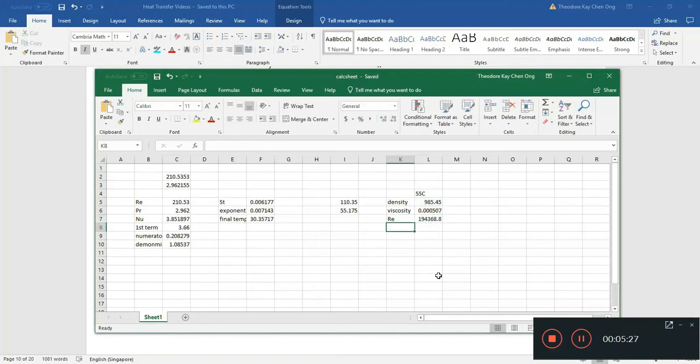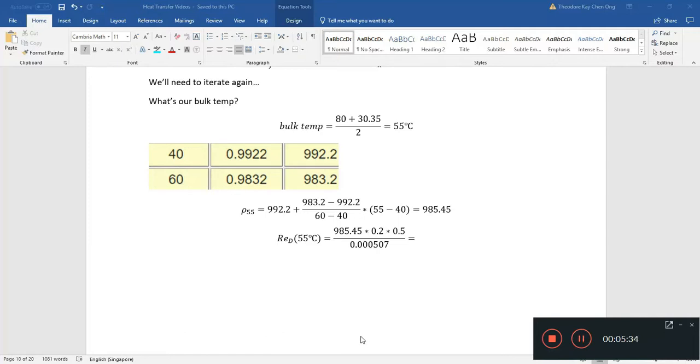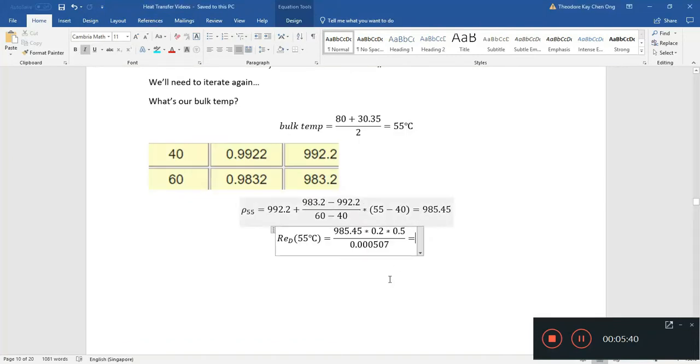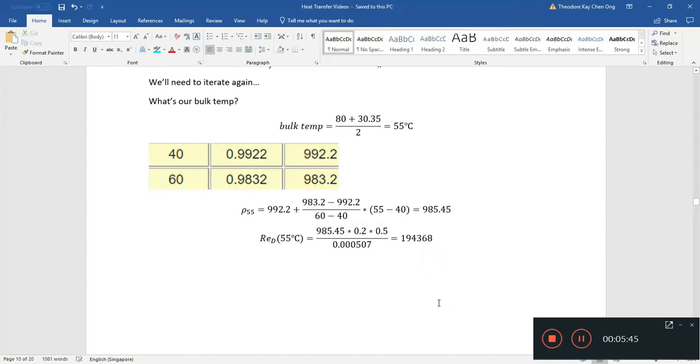Wow, that's a very, very insanely high Reynolds number: 194,368. Well, that's a mistake to be made, but never mind.